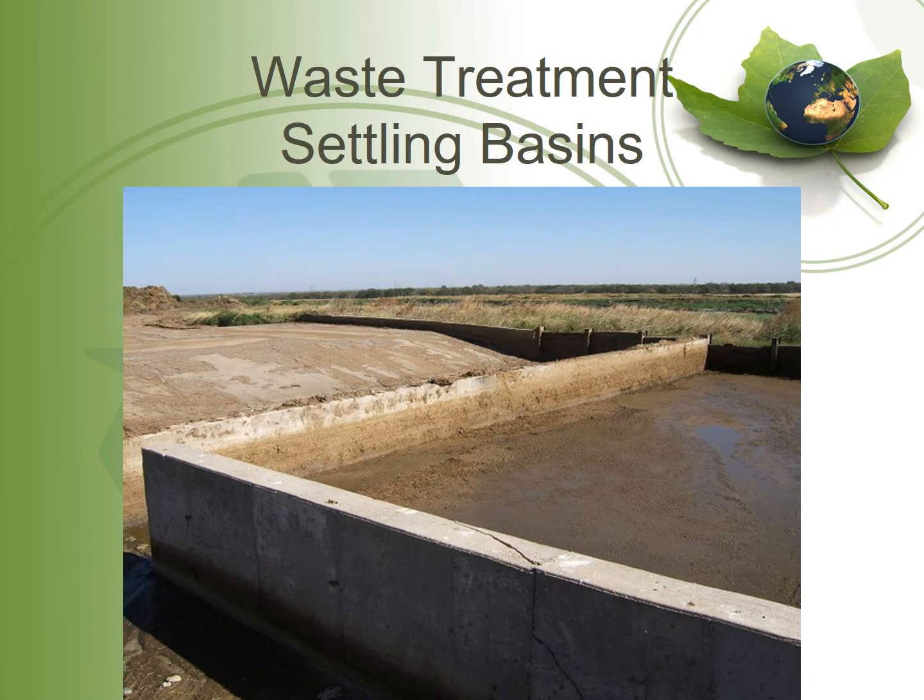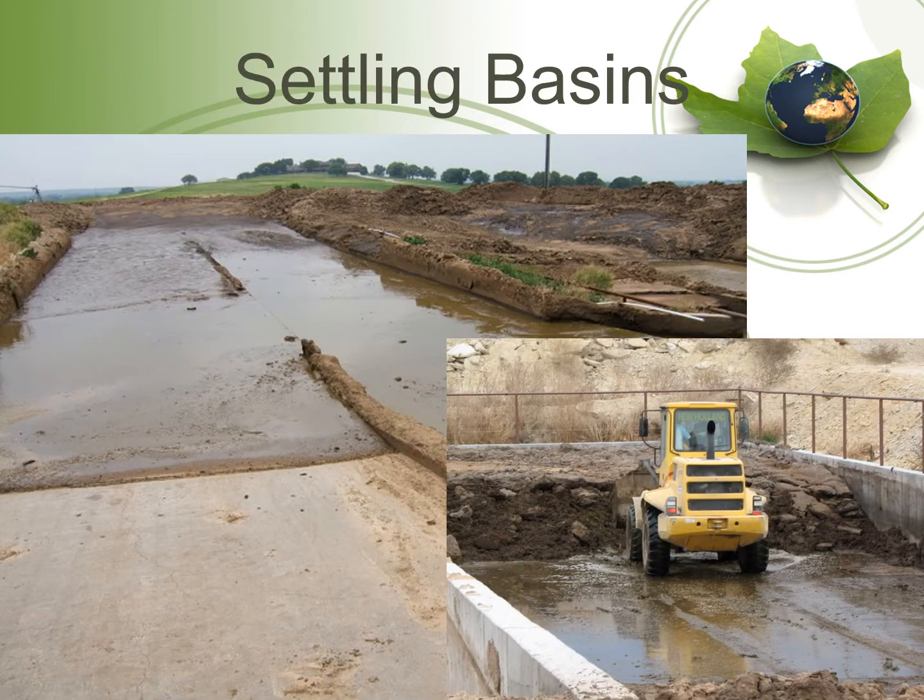You all have seen this at the dairy after the flush cleans out the barn and the manure goes underneath the dirt caliche road. Where it first goes before it goes to the manure lagoon is a settling basin. And so we're settling the dry manure out there, and you can see that in these few pictures.